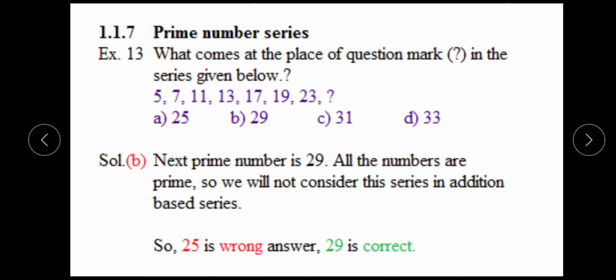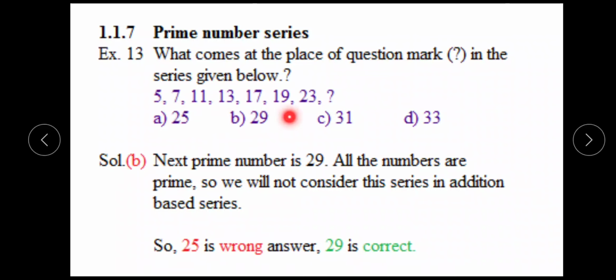But 25 is the wrong answer, because we are seeing the series according to gaps: plus 2, plus 4, plus 2, plus 4, plus 2, plus 4, plus 2. But even if the question seems based on the gap, it is not necessary that the series does not consist of prime numbers. This series is based on consecutive prime numbers.